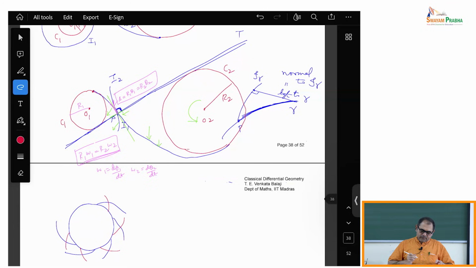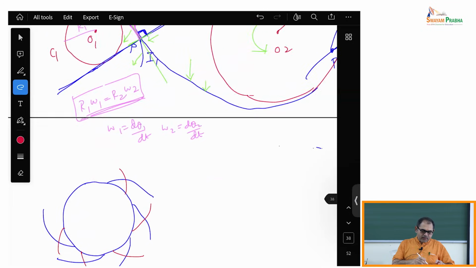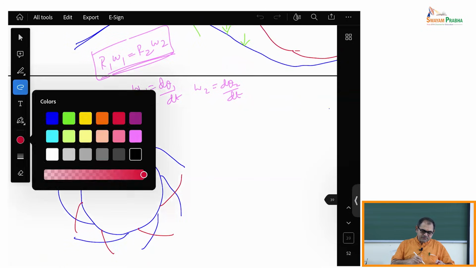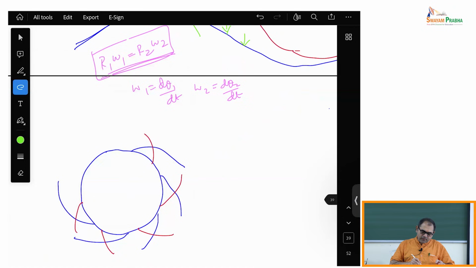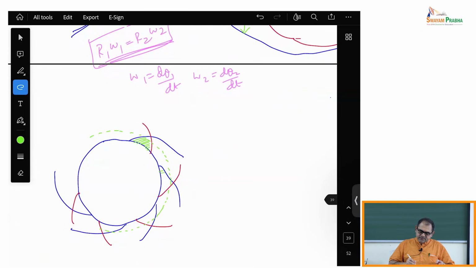Then you cut out a portion of this. Here you draw a circle like this, and you cut out this portion. So this is your tooth. This is one tooth, and this is the next tooth, and this is the next tooth. This is how you get the teeth of the gear.